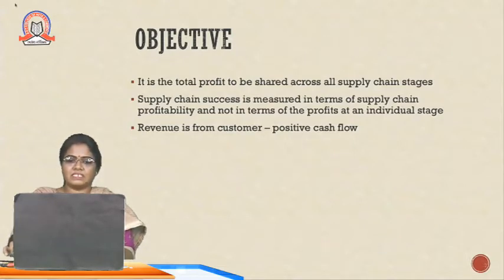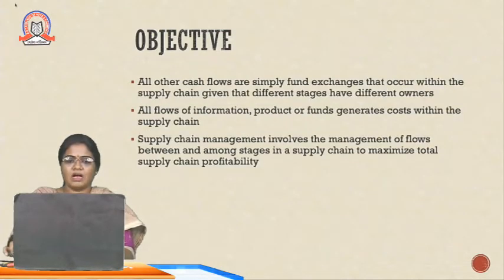Supply chain success is measured in terms of supply chain profitability and not in terms of the profit at an individual stage. Revenue is from customer, positive cash flow. All other cash flows are simply fund exchanges that occur within the supply chain, given that different stages have different owners.